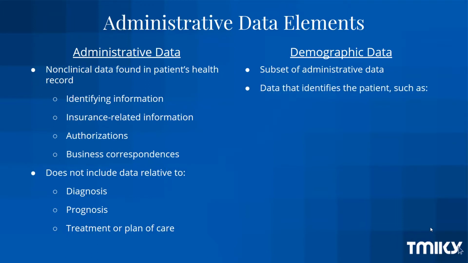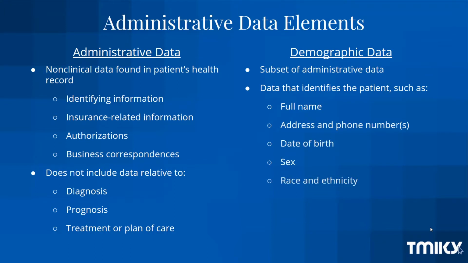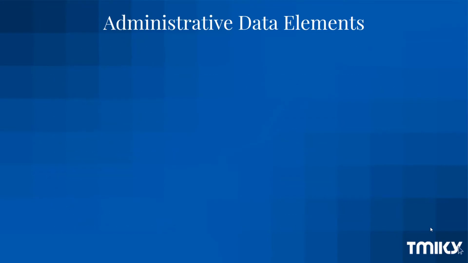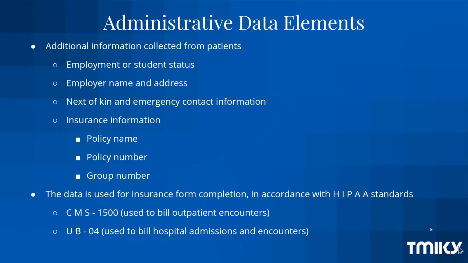It is data that identifies the patient, such as the full name, address and phone numbers, date of birth, sex, race and ethnicity, social security number, usually just the last 4 numbers, and marital status. Additional information collected from patients is employment or student status, employer name and address, next of kin and emergency contact information, and insurance information, such as policy name, number, and group number.